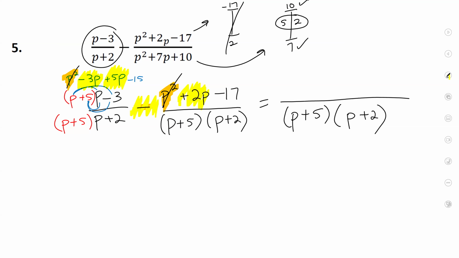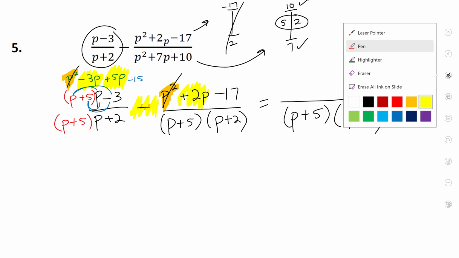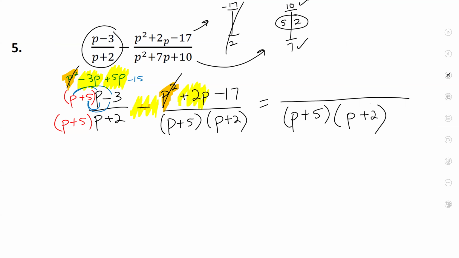It is 0. What you guys can do is -3 plus 5 is 2, minus 2 is 0. You can also type this into your calculator. -3 plus 5 minus 2 is 0. So those all canceled. Finally, guys, what is -15 minus -17?